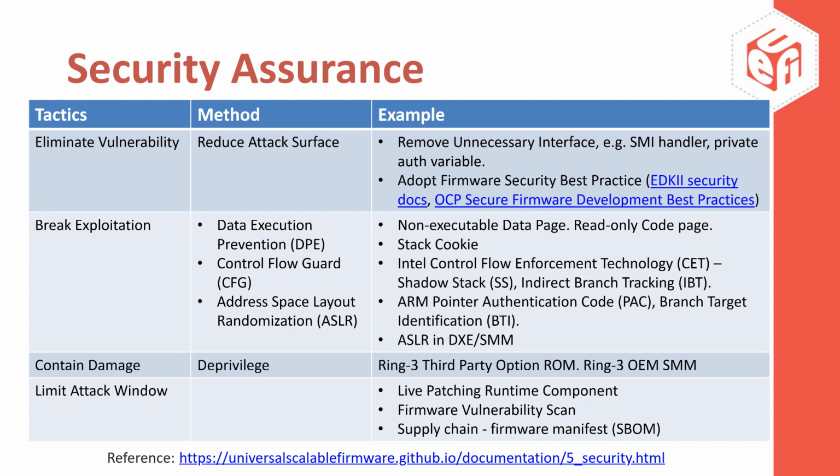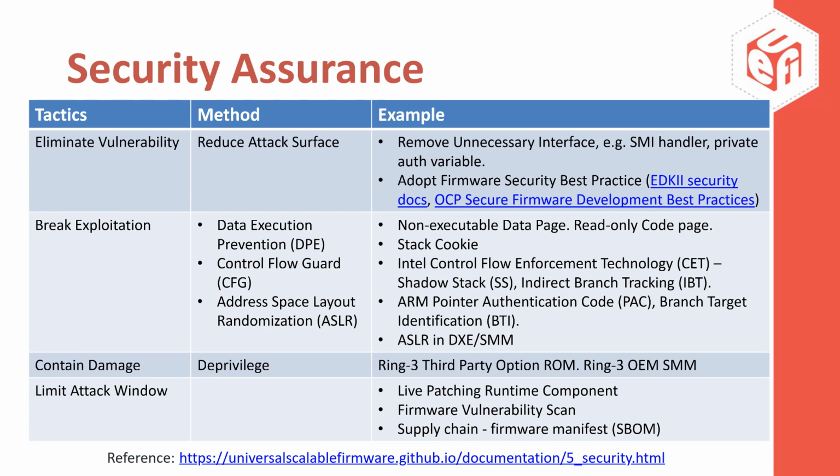Also, the unneeded feature should be removed. For example, the private authenticated variable is defined in the UEFI specification. However, we do not see any use case that requires this feature in EDKII at this moment. Maybe we can consider removing that feature. Also, we should adopt the firmware security best practice.